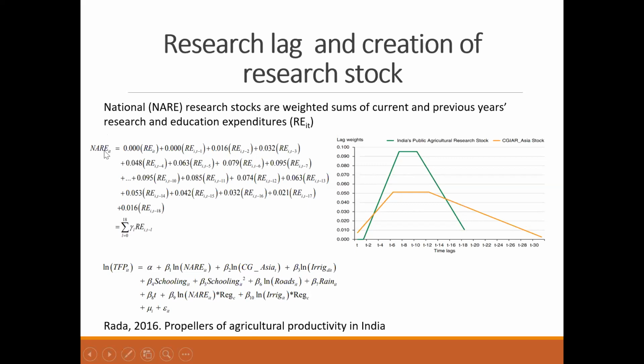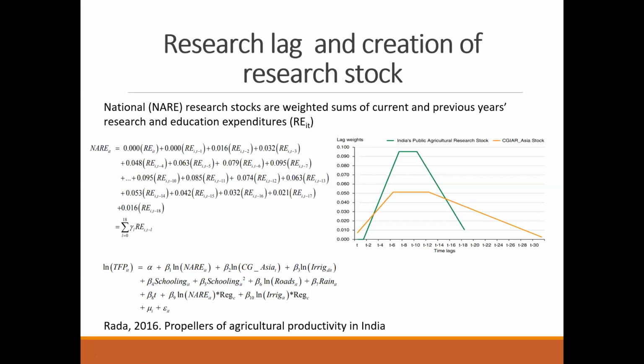like national agriculture research stock, where the research expenditure of the current year and T minus 1 year both have 0 weight, as the technology is still in its gestation period. Then for T minus 2 to T minus 10 years, the weight is increasing as the technology is moving to its peak adoption.